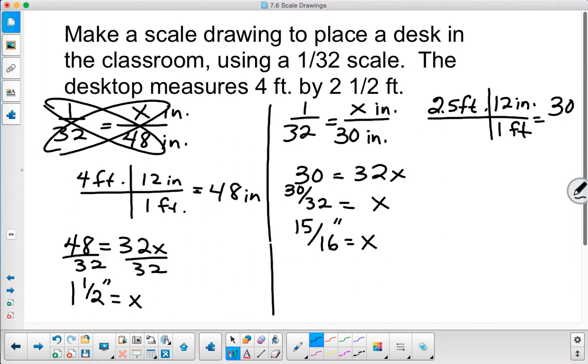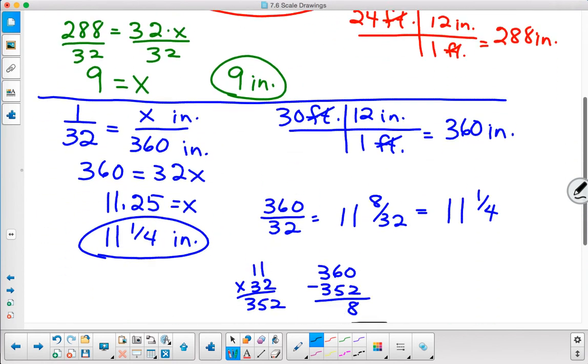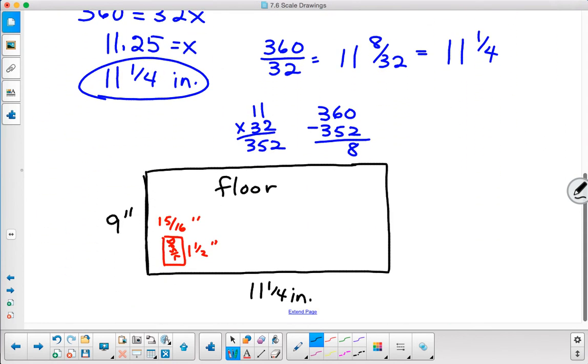So going back to our picture, again, I should have probably used a ruler, but beside the desk, whichever side you have room on, draw a chair, and each measurement on that chair should be 11/16 of an inch each direction.